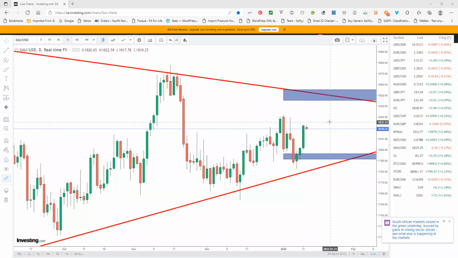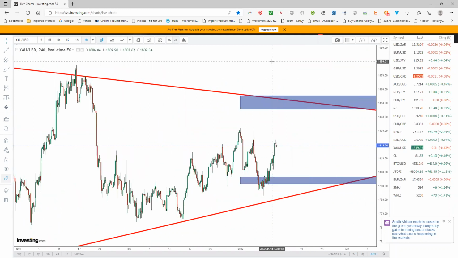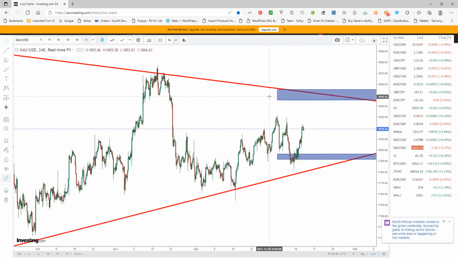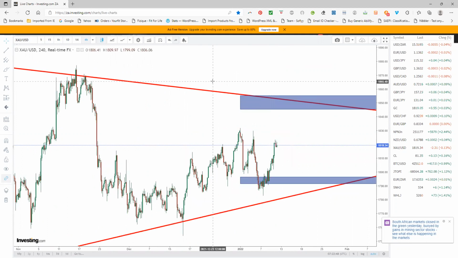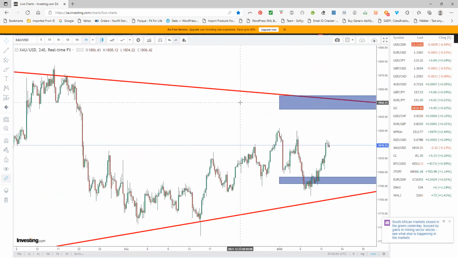Right, let's keep going. So we've now analyzed the monthly, the weekly, and the daily. We're now going to drop down to the 4 hour and quickly have a look at it, and then we'll go to the 1 hour. So what is the 4 hour showing us? Before I understand where it's going, I try and understand, is there a channel?